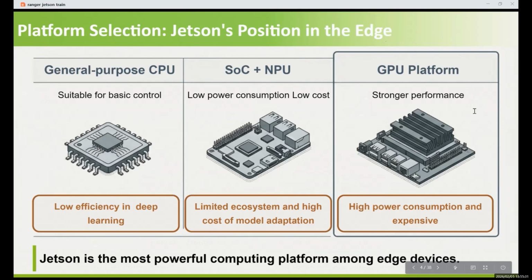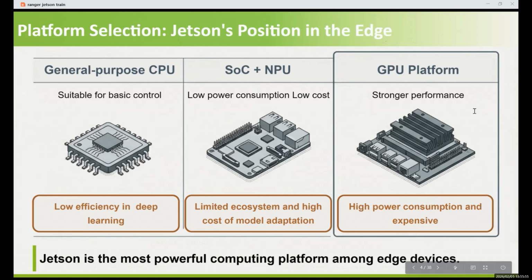Now, obviously, there's a wide variety of edge computing devices available, such as general-purpose CPU platforms, such as Intel, NPU platforms like Raspberry Pi with AI Hat, and obviously the GPU platform such as Jetson. Users usually make their selection based on actual usage requirements.